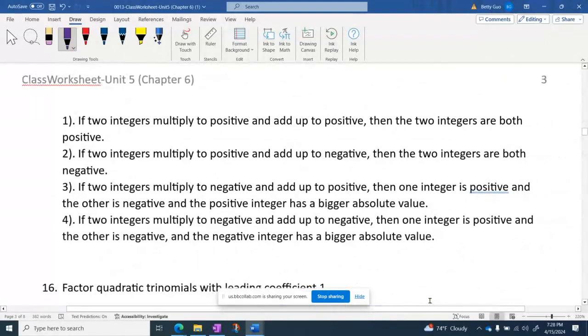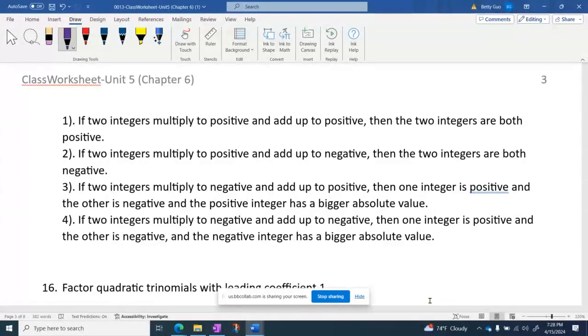Number 1, if 2 integers multiply to positive and add up to positive, then the 2 integers must be both positive. That's the first conclusion. Let's make sense of it.